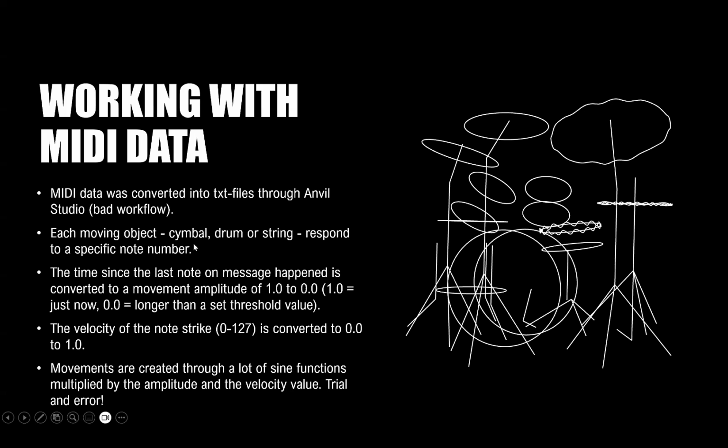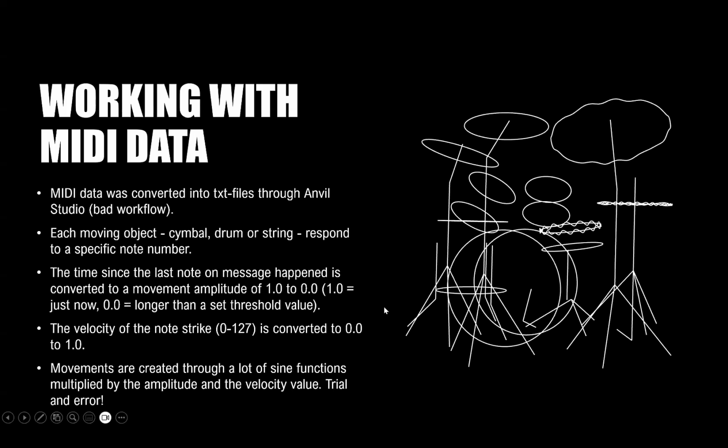Okay, so all the moving objects, drums, strings, cymbals, and everything, correspond to a specific note number in this MIDI data. Each cymbal, for example, consists of a small filter that only looks at the certain note that is connected to this cymbal and reacts when something happens on that note.